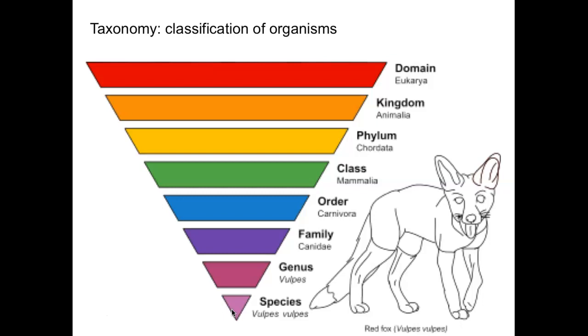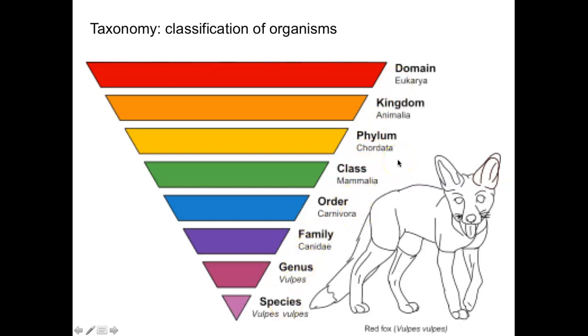So for the classification system, if you're looking at your outline at letter C, the groups of classification, you're going to have to memorize the order of these. You're going to have to know that the very biggest group is called a domain. The second down is a kingdom, then phylum, class, order, family, genus, and species.